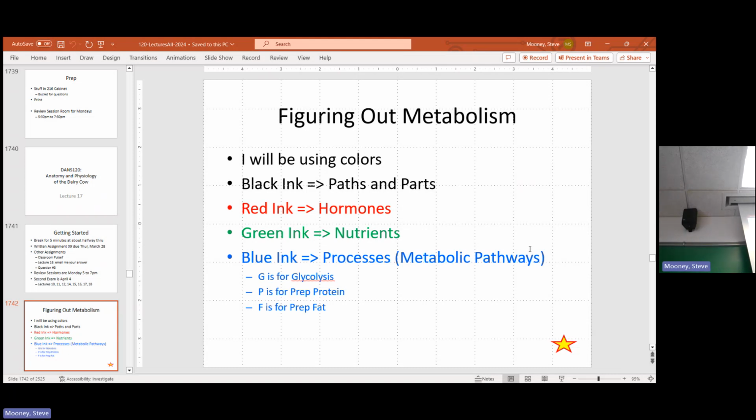We're going to do black for parts and pathways, red for hormones, green for nutrients, and then blue ink for processes. So if you want to match the colors I've got, those are the colors I'll be using. You can use whatever colors you want, but those are the colors I'll be using. So we'll need those in about 2 weeks.